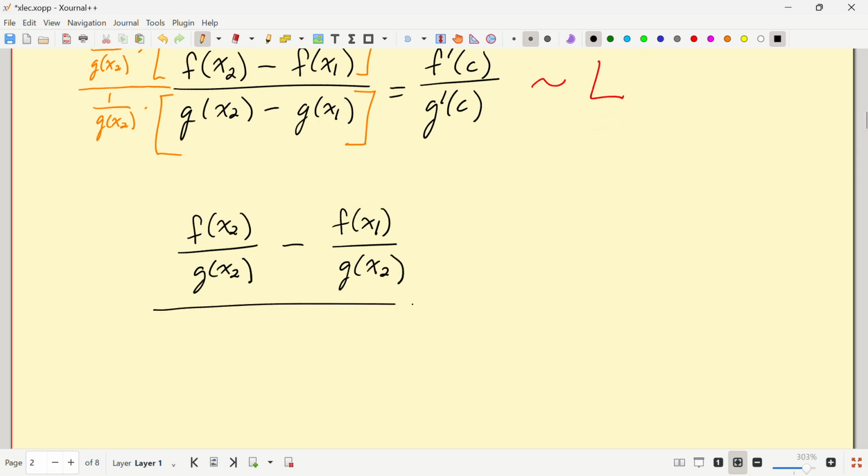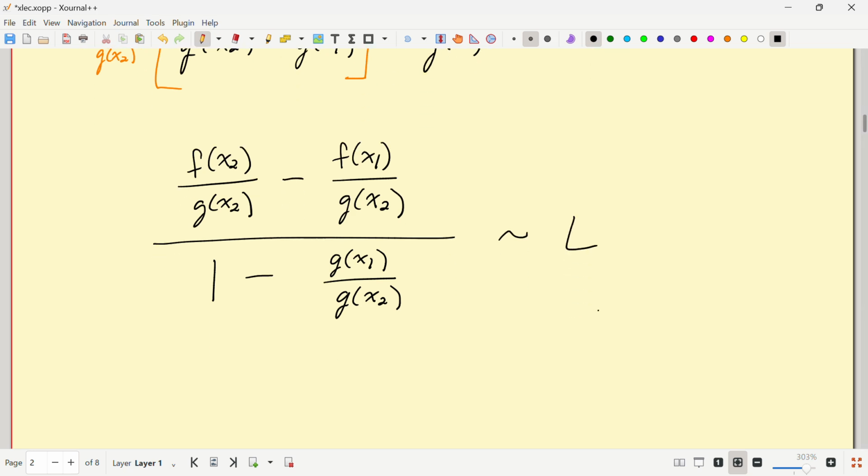And on the bottom, I get 1 minus g of x1, which is just a stuck number, divided by a number that's getting gigantic. How cool is that? All right. So I can solve for the quotient I want, and that's approximately L.